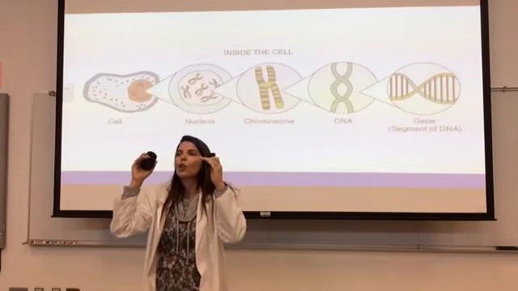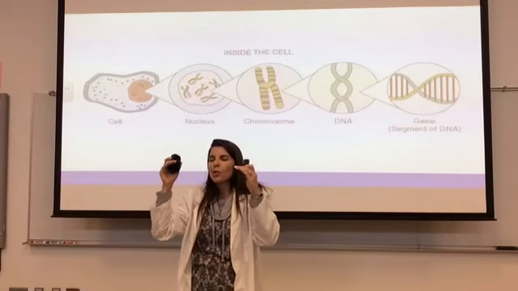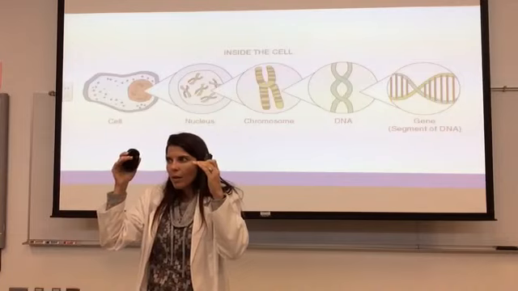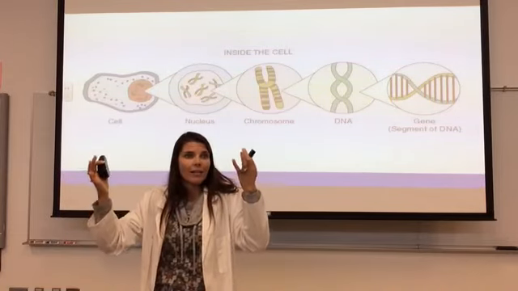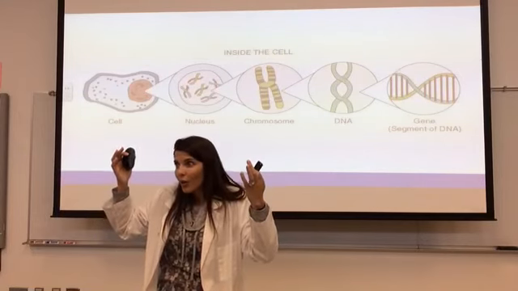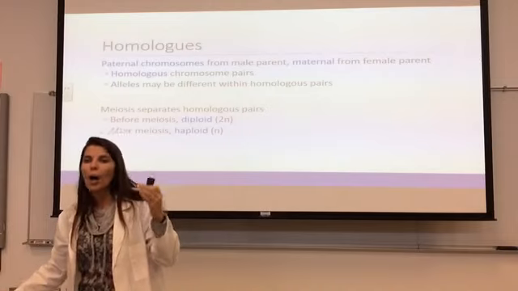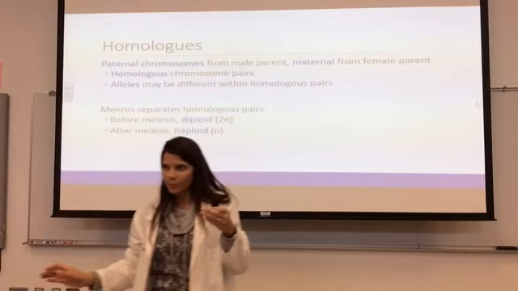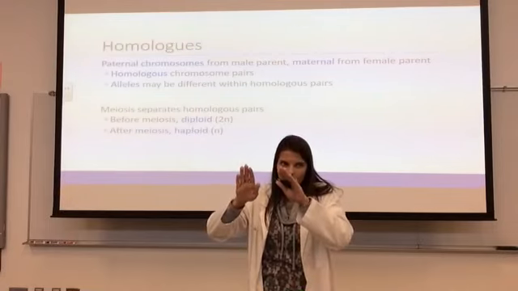The alleles are your options for that trait. So what are some options for hair color? Blonde, black, brown, red, white, whatever. There's a lot of others, I'm sure. But the alleles are your options for that gene. So mom gave you a hair gene, dad gave you a hair gene.